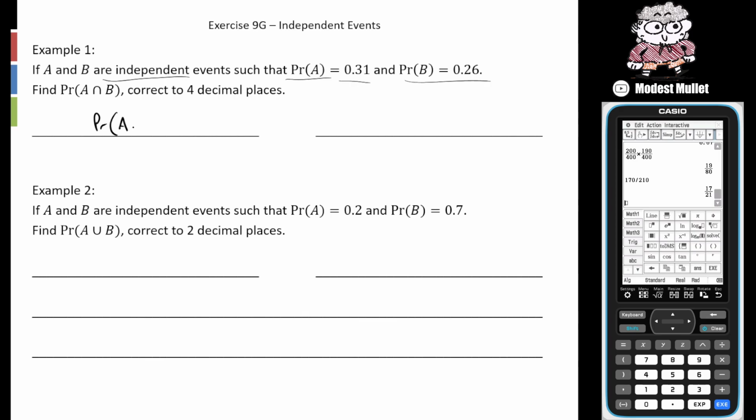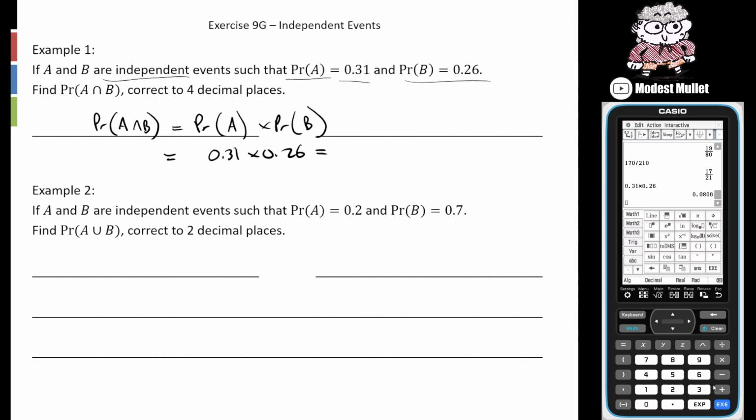The intersection for two independent events, because they're independent, is just equal to the probability of A times by the probability of B, which gives us 0.31 by 0.26, which to 4 decimal places is 0.0806. Okay.